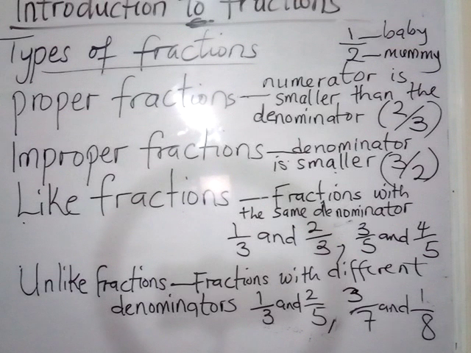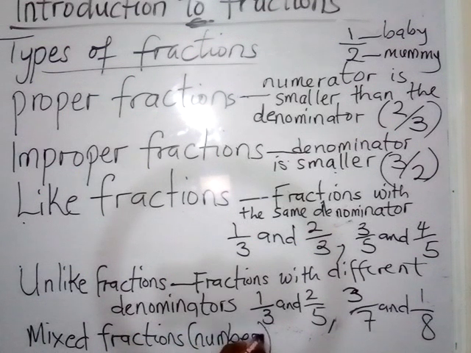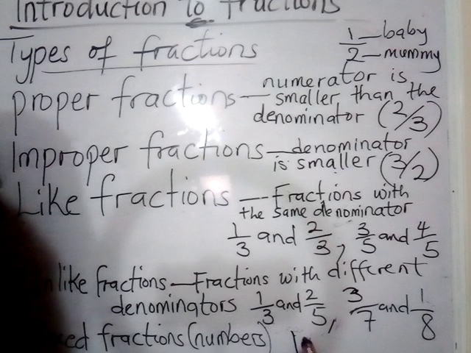So the last fraction that we just mentioned, we might not write anything in details, we'll come across it later, is mixed fractions, and some people call it mixed numbers. Whichever, they are referring to the same thing. And what does mixed fraction mean? Mixed fraction simply refers to a combination of whole numbers, whole plus fraction.